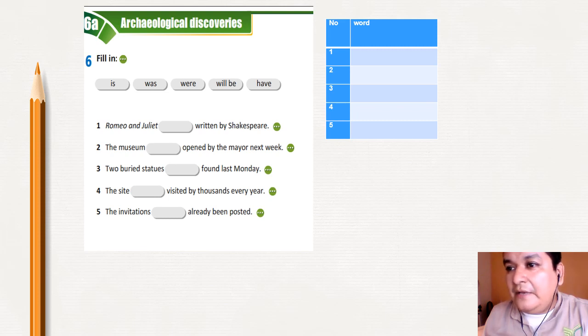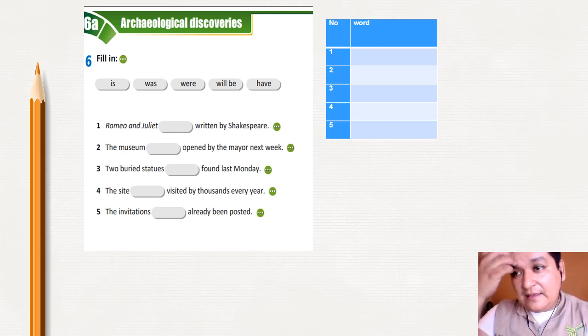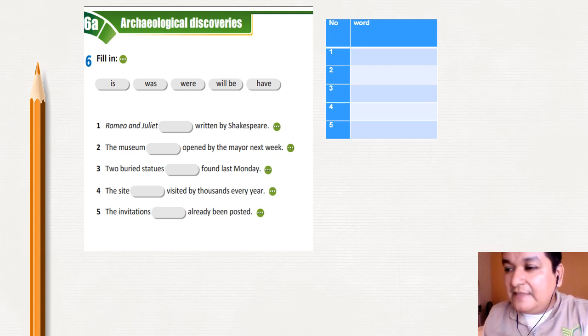Okay, bueno, de acuerdo con los elementos que observan aquí, las referencias de tiempo, podemos tomar una decisión y escribir el auxiliar que corresponda a cada oración. Ok? Espero que sea claro. So far, so good. Espero que hasta aquí vayamos bien.